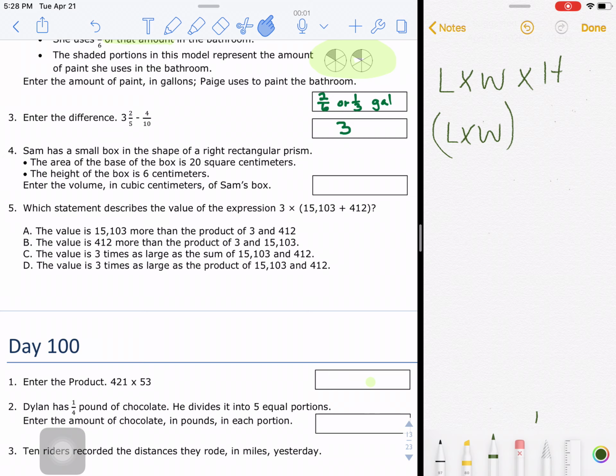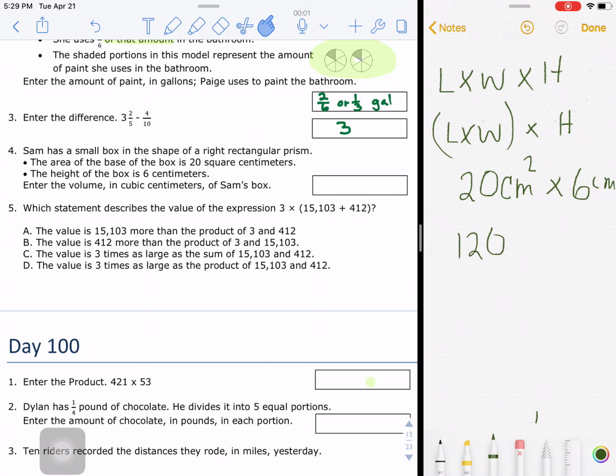So the area of the base is 20 square centimeters. It doesn't tell us it's the length and the width, but we know because it's the area of the base that it is. And then we're going to multiply that by the height, which is 6 centimeters. And we know 6 times 20 is 120.